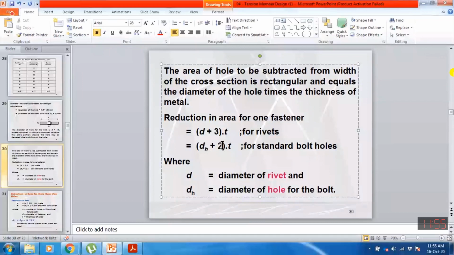This value is supposed to be 1.5, but we have rounded it to 2. So DH plus 2, where DH is not directly the diameter of the bolt but the diameter of the hole for a standard bolt. The DH value can be taken from a table given by AISC and also given in the LRFD design aid, as I have explained. I think I have made it clear.